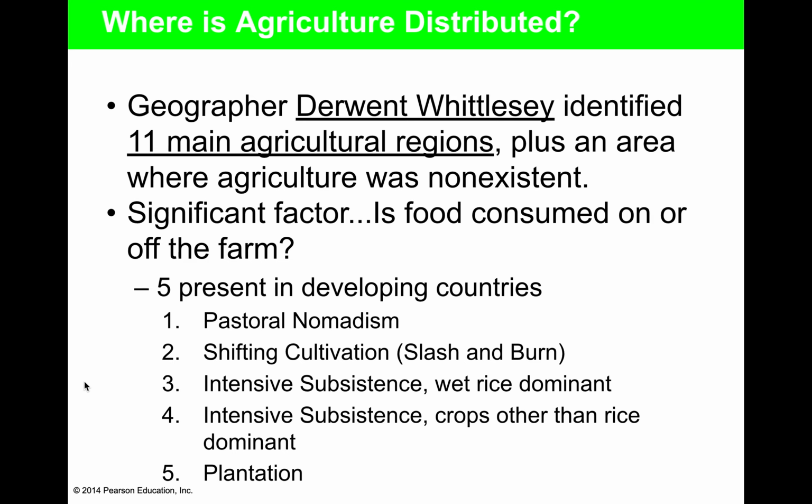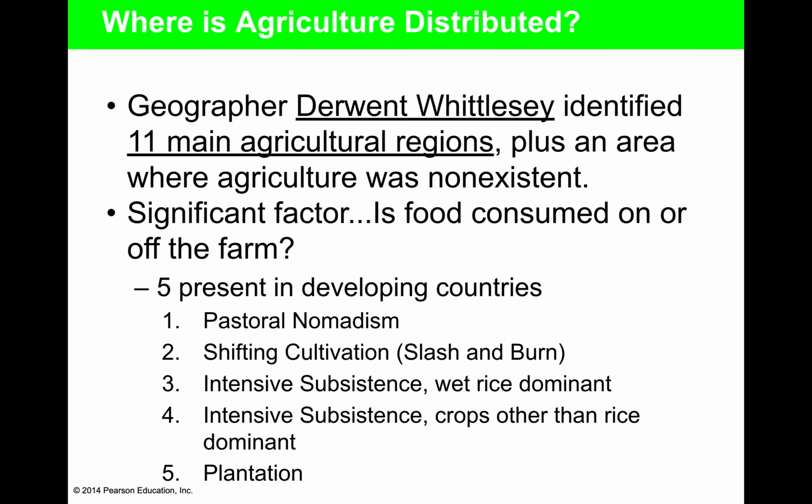Alright, there are 11 identified agricultural regions created by Whittlesey. Five of those regions are in developing countries and 6 are in developed countries.